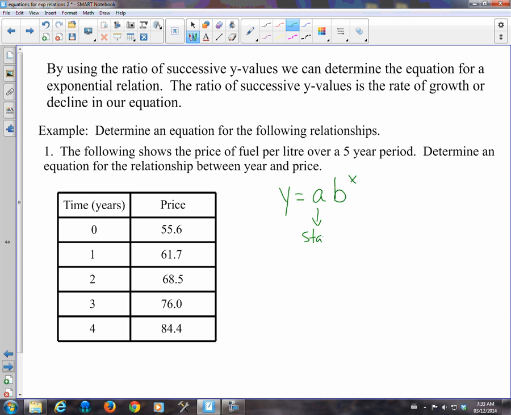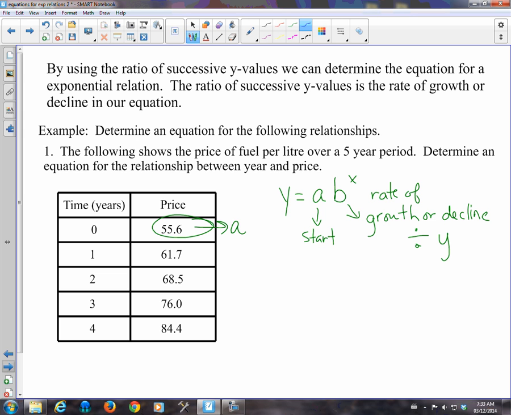A is what you start at, and b is your rate of growth or decline. This rate of growth or decline comes from dividing your y values. So if I look at my table, I see that I start at 55.6. So that will be my a number.